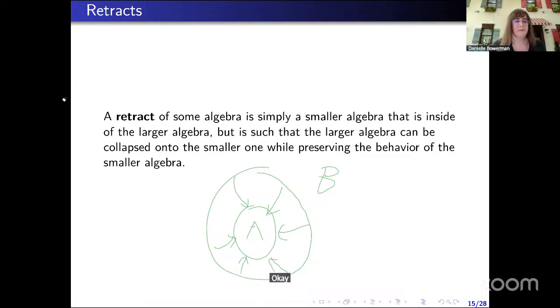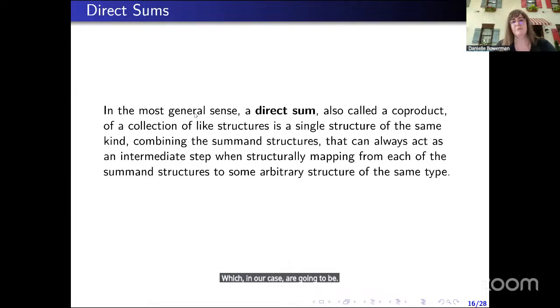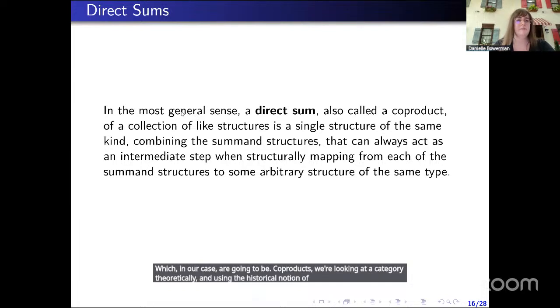Okay. And I believe now we can get to direct sums, which in our case are going to be coproducts. We're looking at this category theoretically and using the historical notion of direct sum.